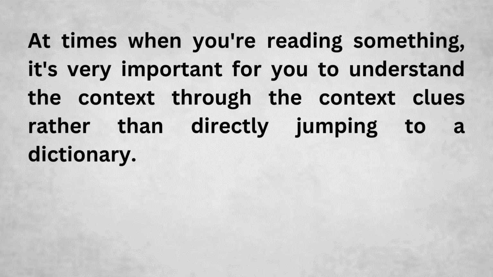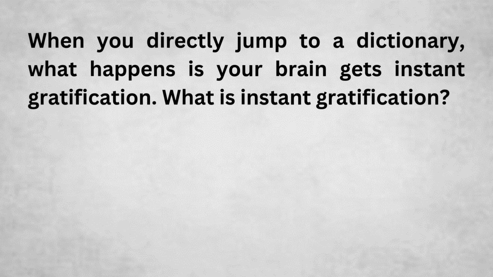At times when you're reading something, it's very important for you to understand the context through the context clues rather than directly jumping to a dictionary. When you directly jump to a dictionary, what happens is your brain gets instant gratification. What is instant gratification?